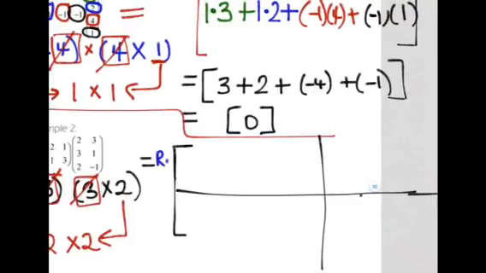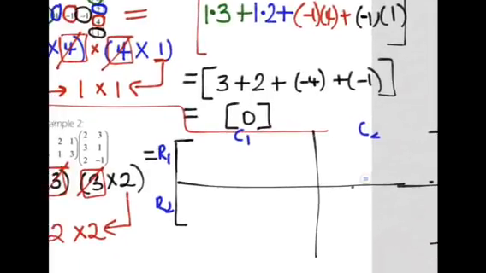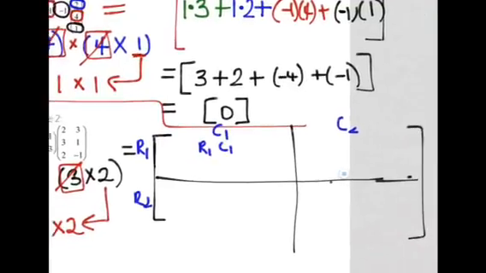This is row 1, this is row 2, this is column 1, this is column 2. Row 1, column 1 comes from multiplying row 1 with column 1. Row 1, column 2 comes from multiplying row 1 with column 2. This will be row 2 with column 1 and row 2 with column 2.